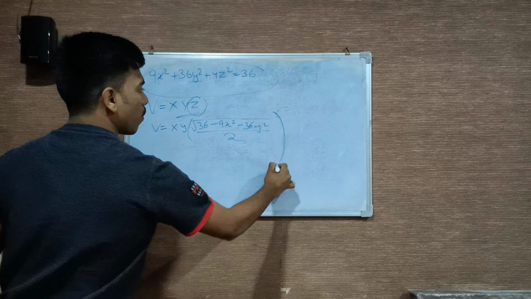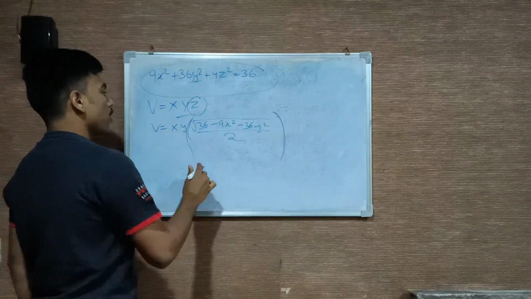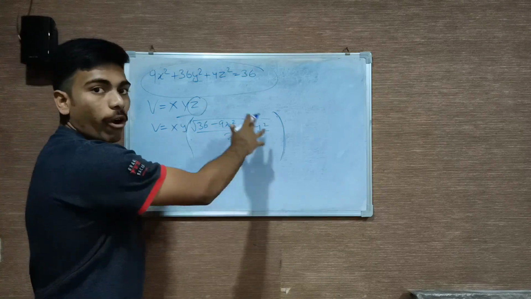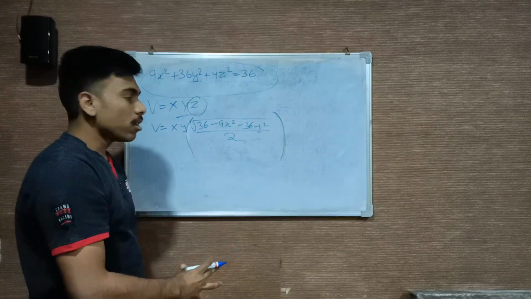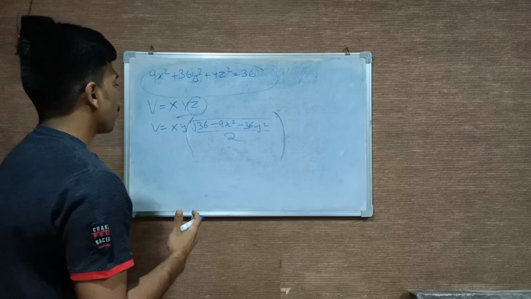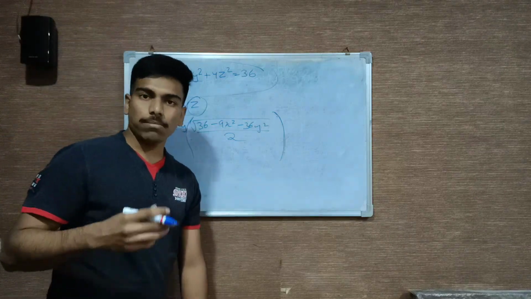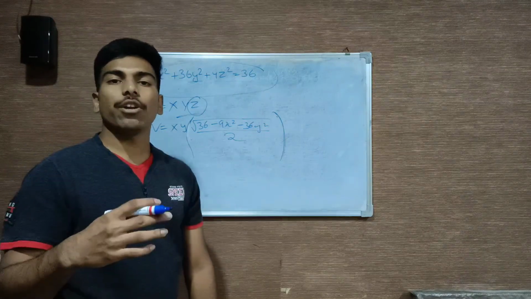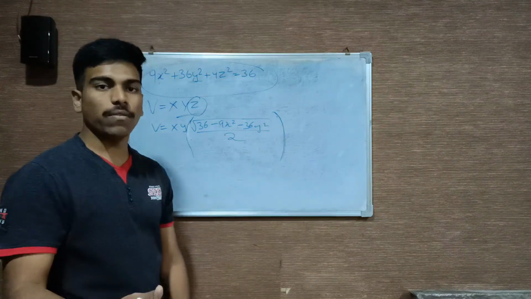Now the question asks us to find the maximum volume of this cuboid in that rugby ball. How do we do that? As we already know, to find the maximum of any function, we take the first order derivative of that function.